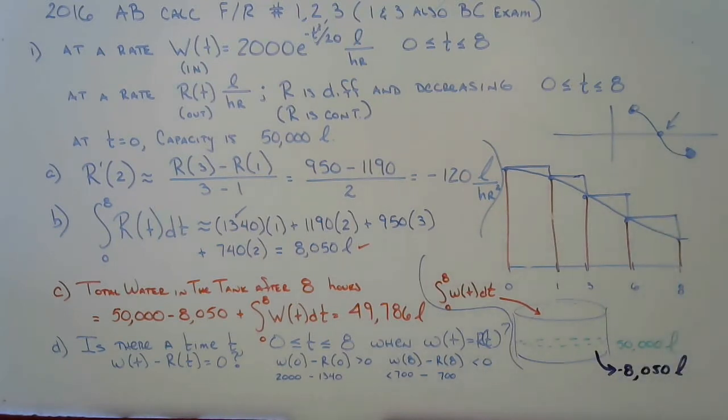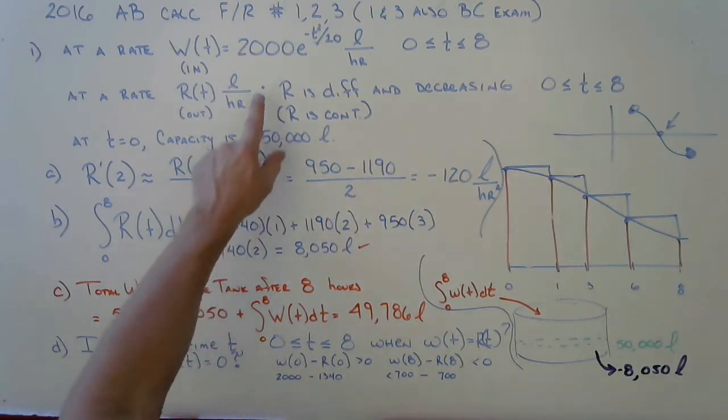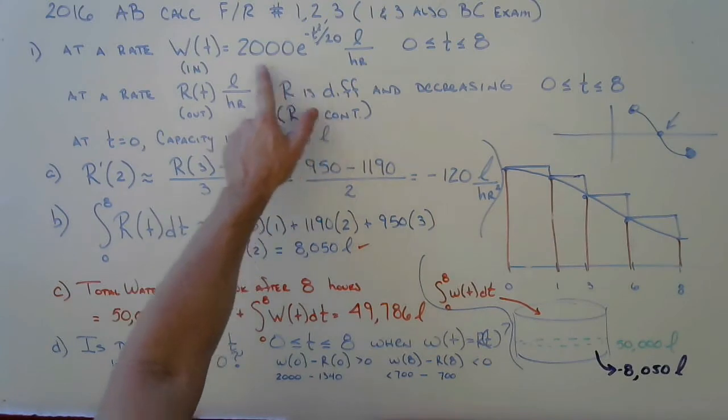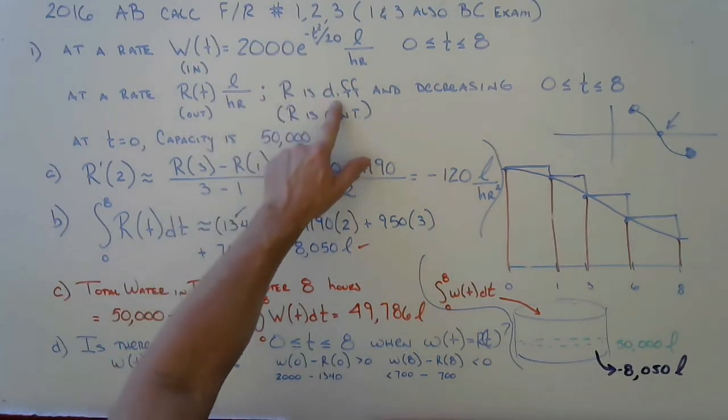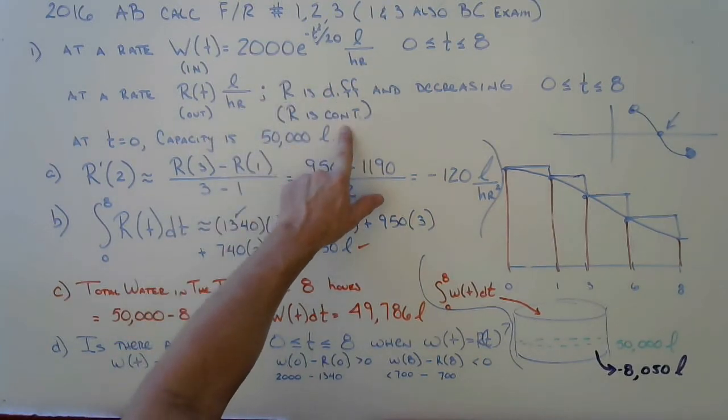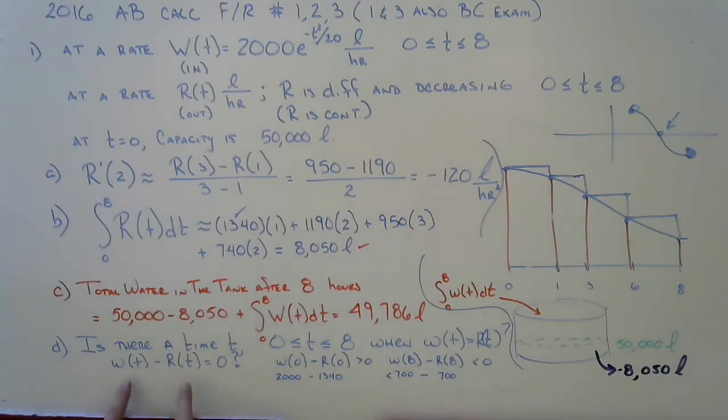So what do we say to answer part D? We say, well, this function is continuous. We have to explain that. Why is it continuous? This function is differentiable, so therefore it's continuous. And we know the difference of two continuous functions is continuous. It goes all the way back to chapter 2, having conversations about continuity.